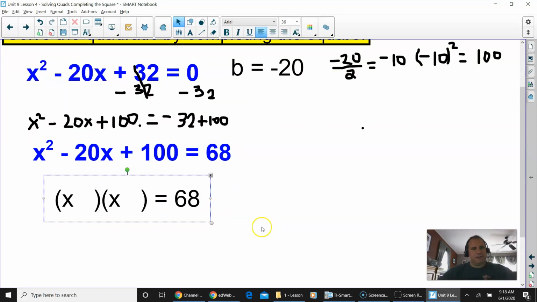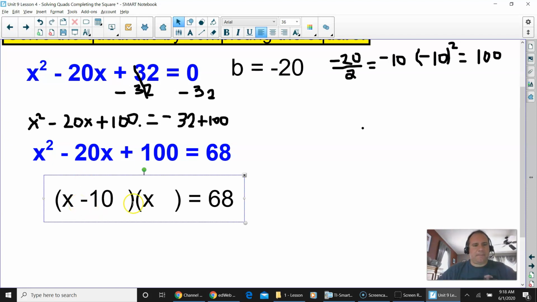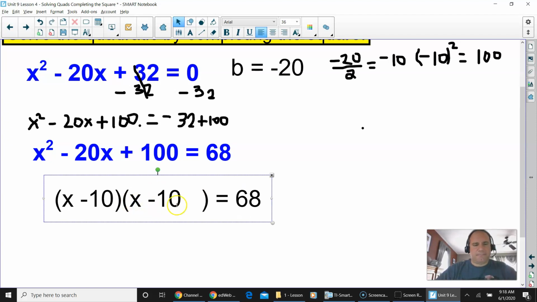So what this does is that it creates a situation where you're going to have two binomials that will be equal to each other, right? It's going to be the same binomial. So what times what equals 100 and adds to a negative 20? Well, that's minus 10. x minus 10 times x minus 10.